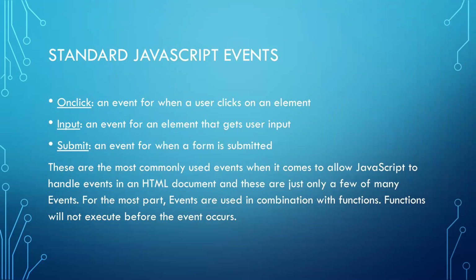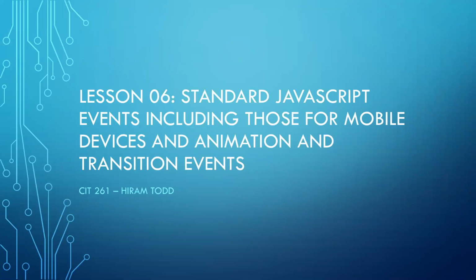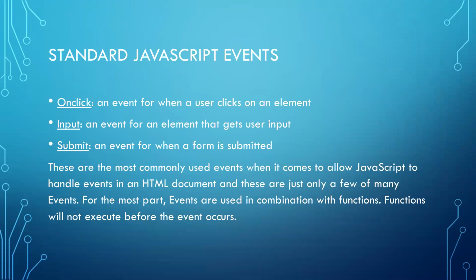So what I got, sorry, I was supposed to start here. I got the standard JavaScript events, including those for mobile devices and animation and transition events. There's a lot of different events: onclick, input, submit.